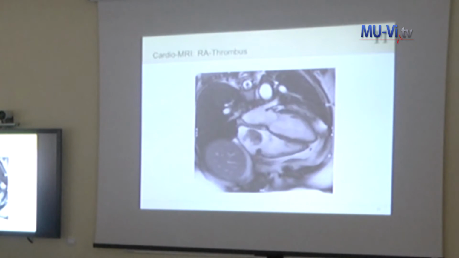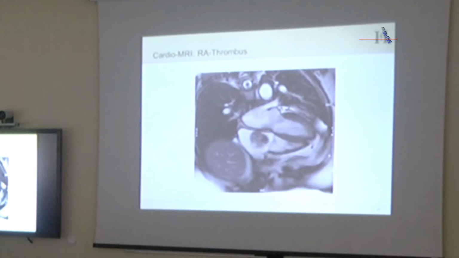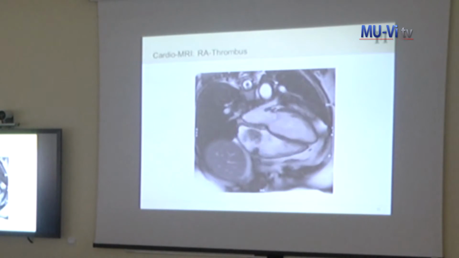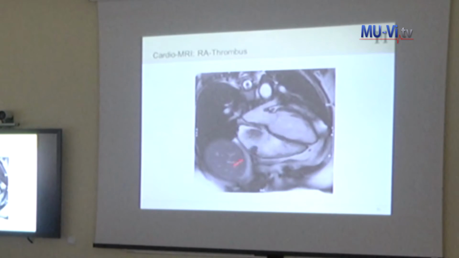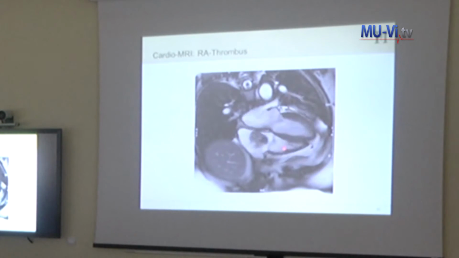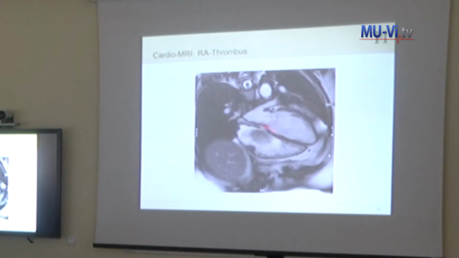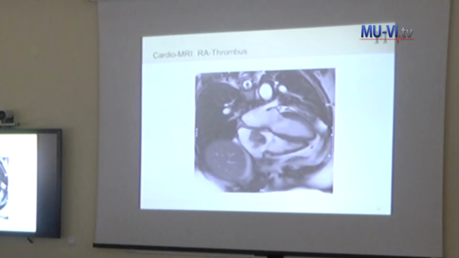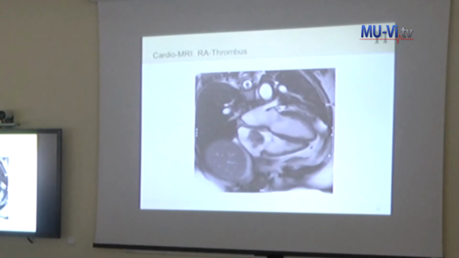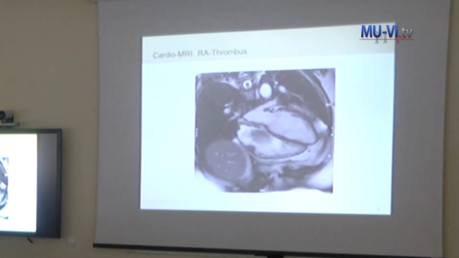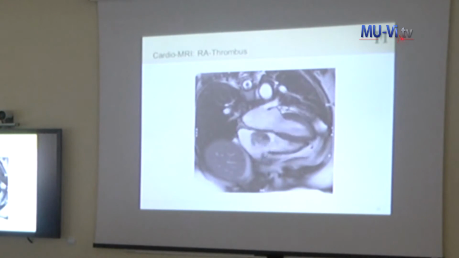This is a right atrial thrombus. This is left ventricle, left atrium, right ventricle, and you see this mass here inside of the right atrium. We didn't really know what it was. We thought it was a myxoma as well, but it wasn't. The patient has been operated. The patient had a thrombosis of one leg.